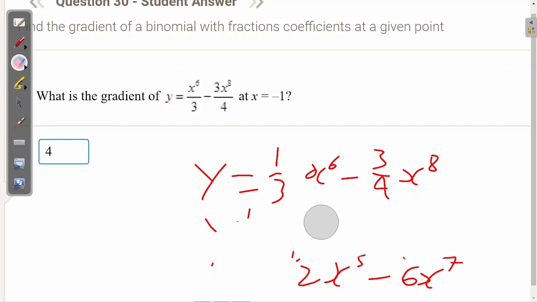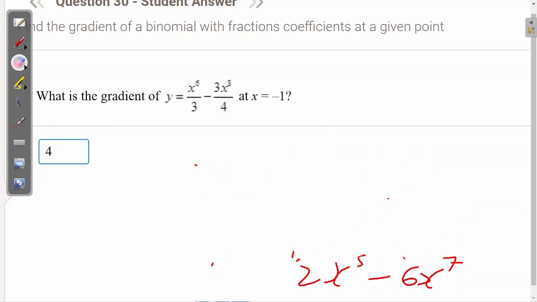Okay, now they want at negative 1, so it will be negative 2 minus, actually plus 6, because negative negative, which is 4.